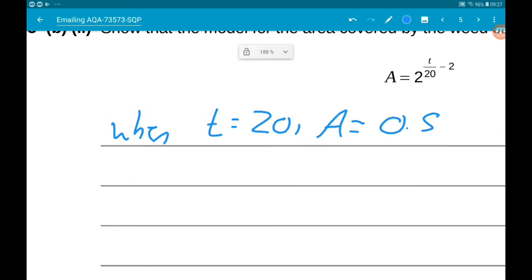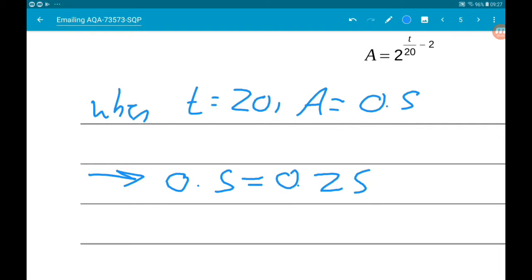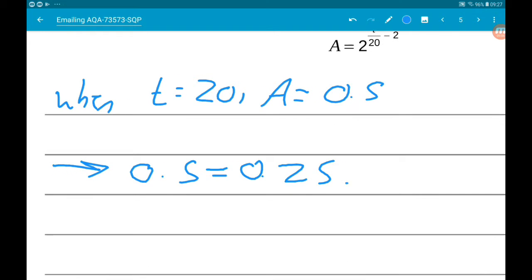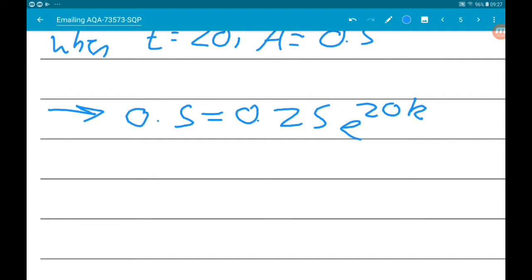So what we're going to do is find the value of k. So, we know then 0.5 is equal to 0.25 e to the 20k. Now if we divide by 0.25, we get 2.